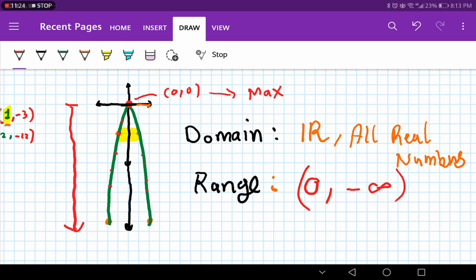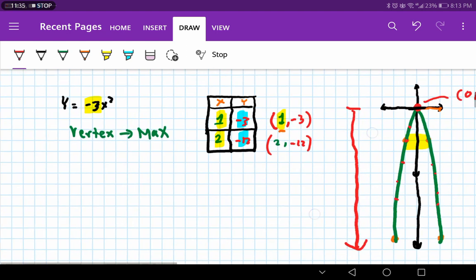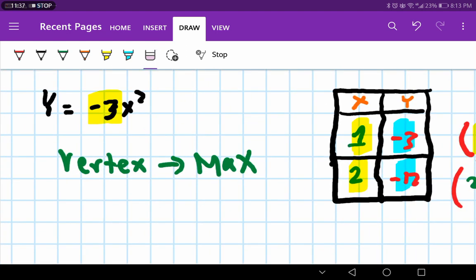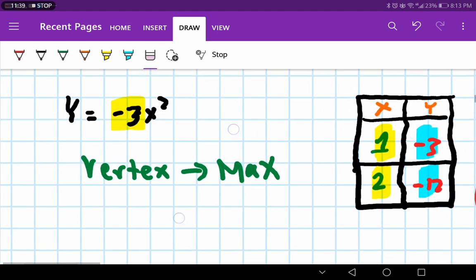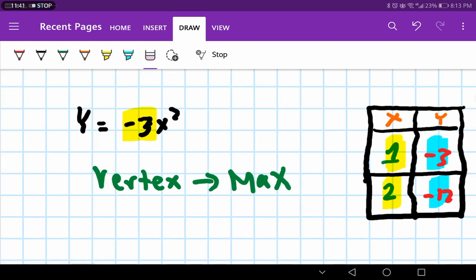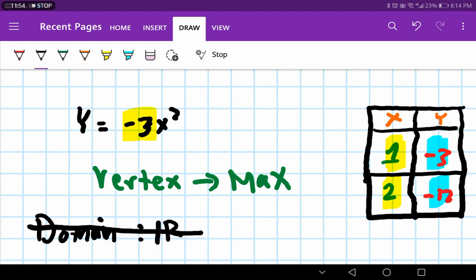We will take another example. Don't worry about it. So teacher, the range will be from 0 to negative infinity. Yes. Now, if we don't have a graph and he gives me a question like this one, and he asks me about the range, how can I find it? The domain we know: the domain is R for all quadratics.